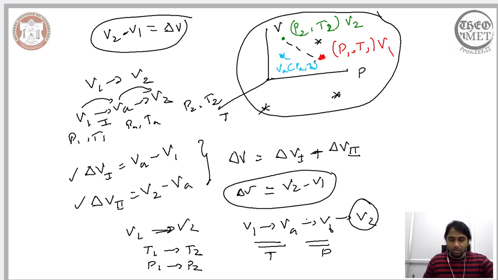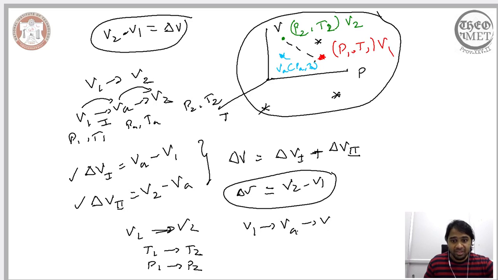So an even more accurate way of putting it is, we just introduce an intermediate step wherein during the initial change, the temperature is constant, and from the intermediate to the final state, the pressure is constant.